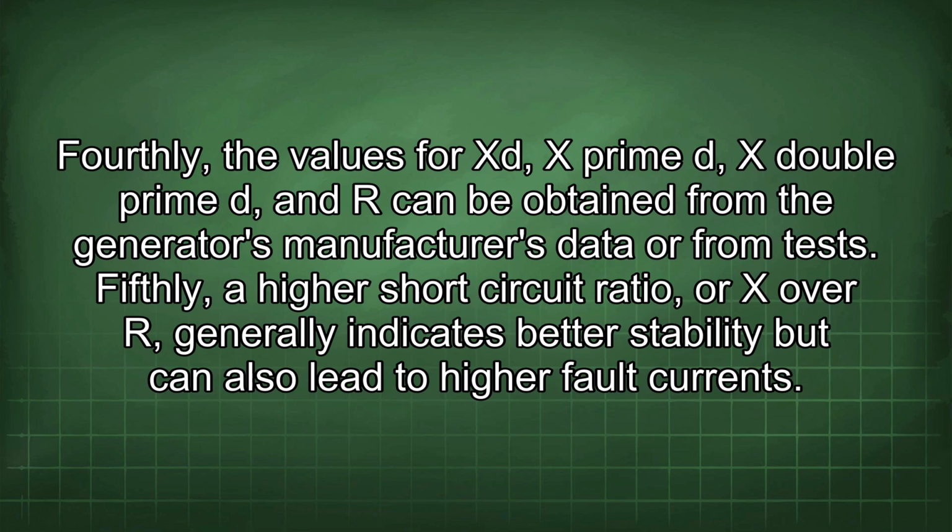Fourthly, the values for XD, X prime D, X double prime D, and R can be obtained from the generator's manufacturer's data or from tests. Fifthly, a higher short circuit ratio, or X over R, generally indicates better stability but can also lead to higher fault currents.